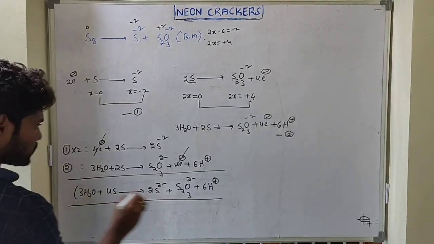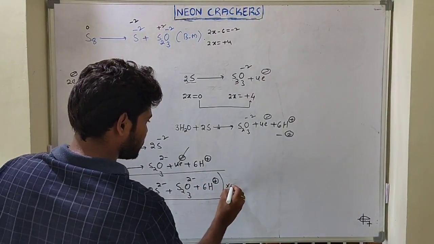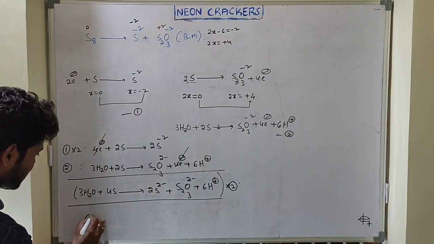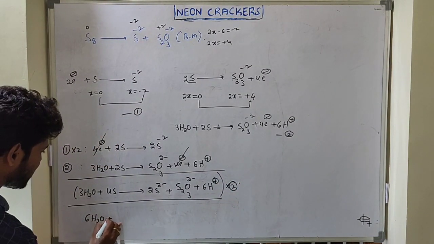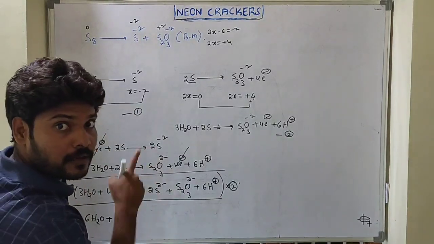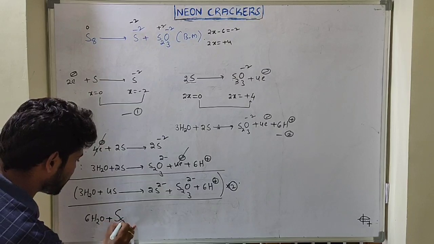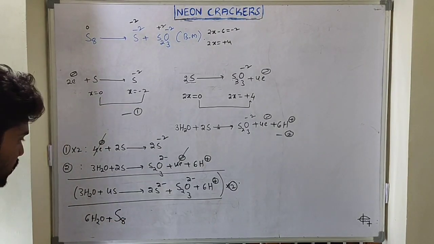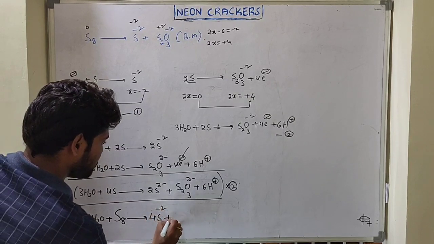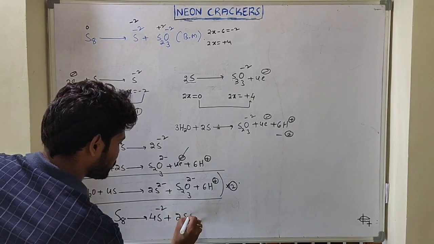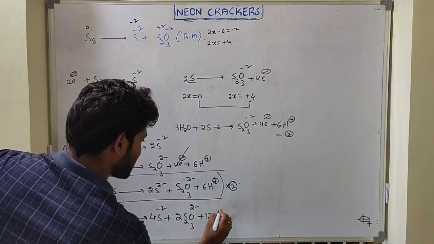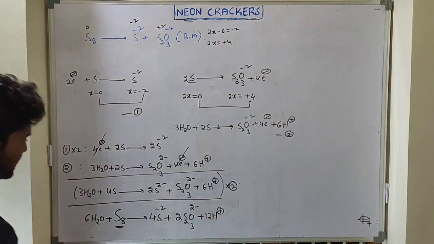So this equation should be multiplied by 2, then we get 6 water molecules plus 8 sulfur atoms. Those 8 sulfur atoms you can write as the polyatomic S8 molecule, giving 4 sulfide plus 2 thiosulfate plus 12H plus ions.